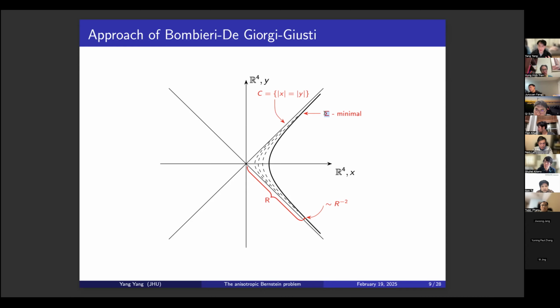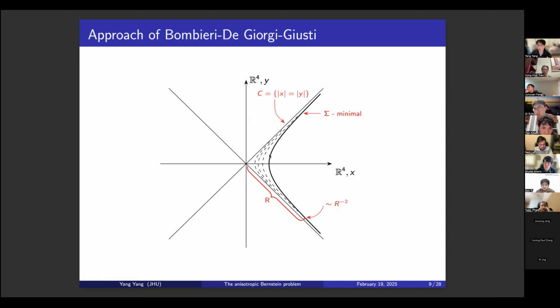So this sigma has the same symmetry as the Simon's cone. It's rotation invariant in x and y. This is why it can be reduced to an ODE problem. But the point is that all the dilations of this hypersurface then foliate one side of this Simon's cone.